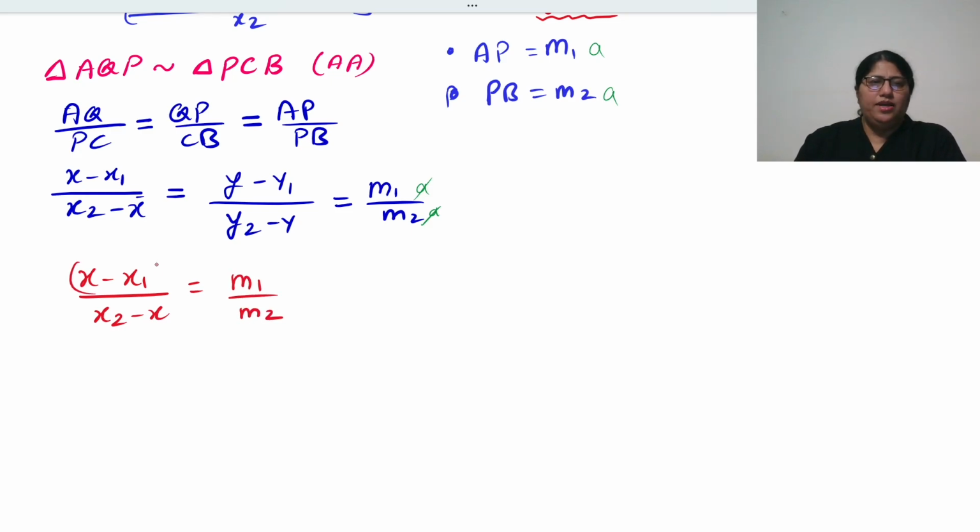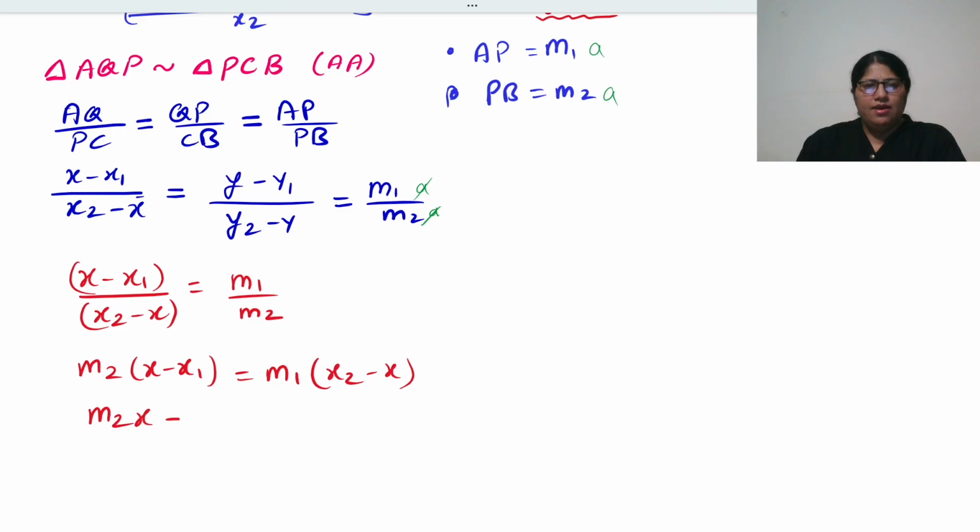Do the cross multiplication. There are two terms, so please put brackets: m2 times (x minus x1) equals m1 times (x2 minus x). Open the bracket: m2x minus m2x1 equals m1x2 minus m1x.